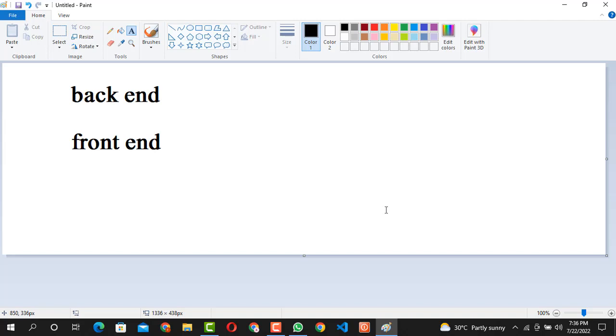Backend is used for algorithms. You can store the algorithm in the backend, and algorithms are step-by-step, definite structures used for solving any kind of problem that you want to solve, and the problem solving method is based on instructions.